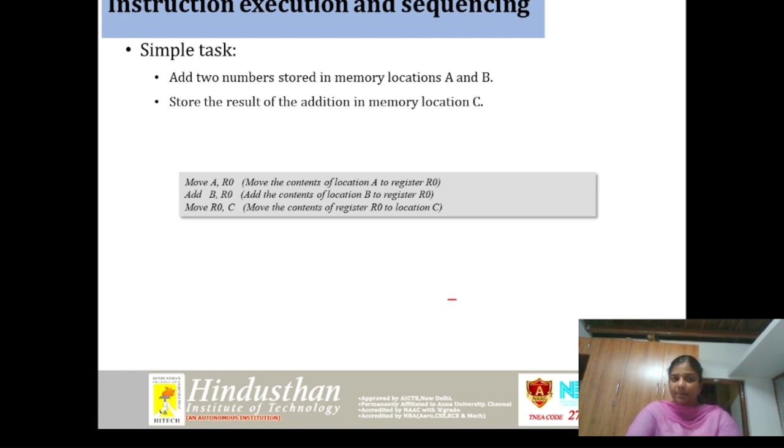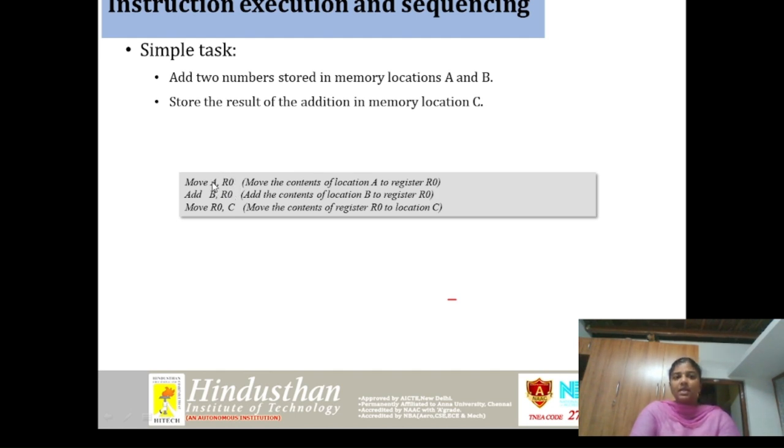Consider a simple task: adding two numbers stored in memory locations A and B, and then storing the result of the addition in memory location C. What are the steps of instruction to be followed? First, we move the content of A to R0, and then we add the content of B with the content of R0. We are just moving the value of A to R0.